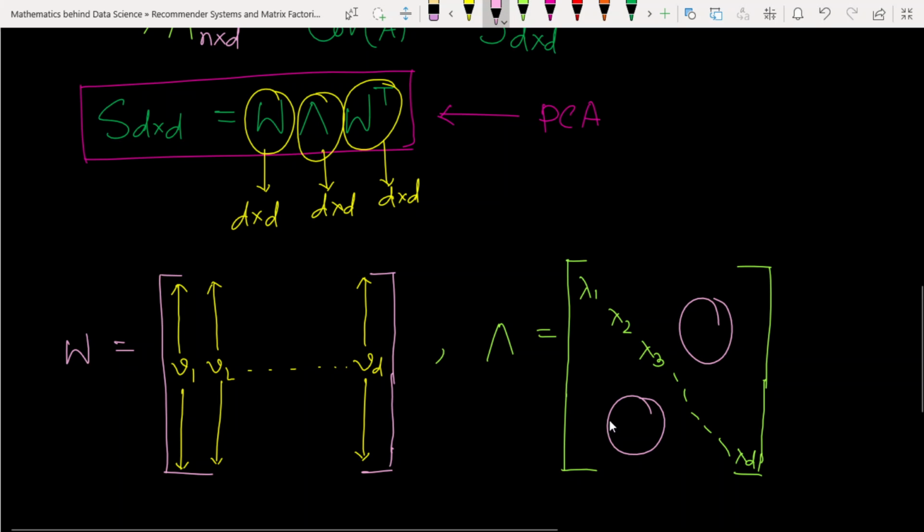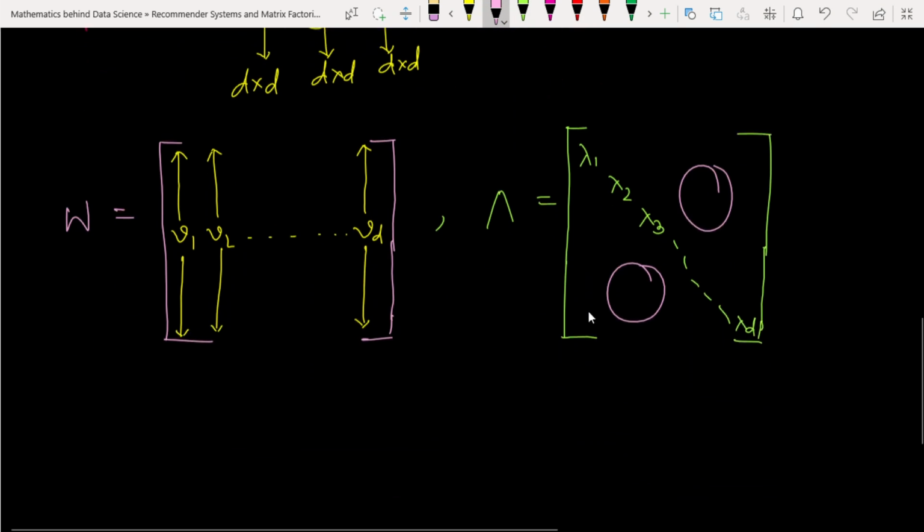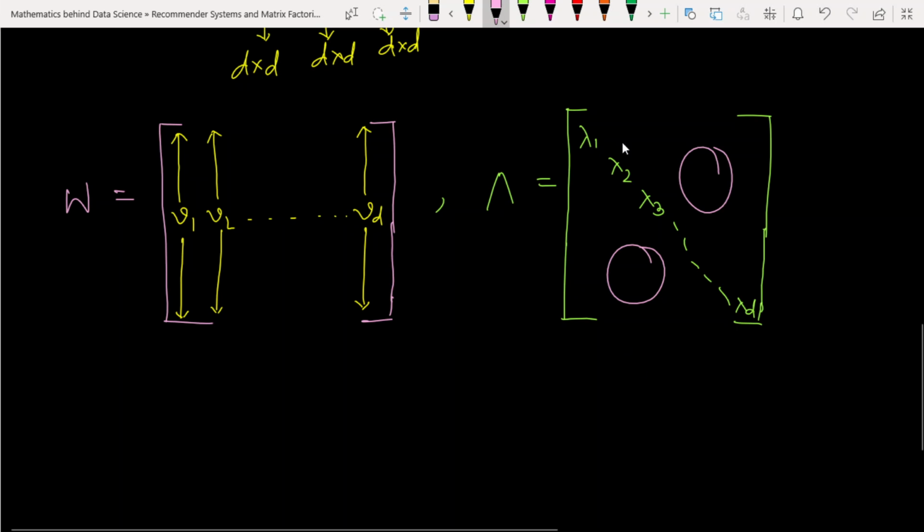And the relationship of the eigenvalues is lambda 1 greater than or equal to lambda 2 greater than or equal to lambda 3, and so on.